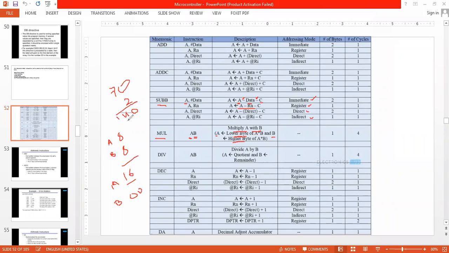Now 40 will be stored into A, 01 will be stored into B. So the lower byte will be stored into A and the higher byte will be stored into B. Understood? Is it understood? Multiplication?